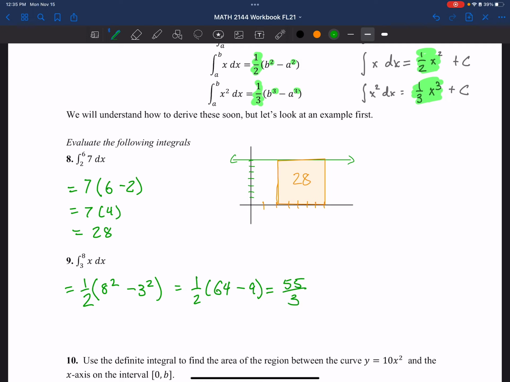Again, you can compute that directly using the shape formed from this function. Anyone know what shape would be formed if we were using the identity function? You should try it. A triangle, yeah.